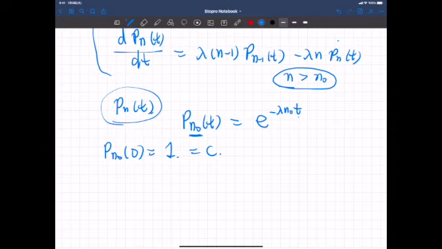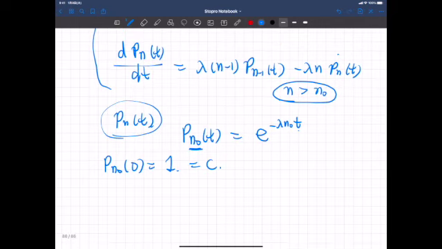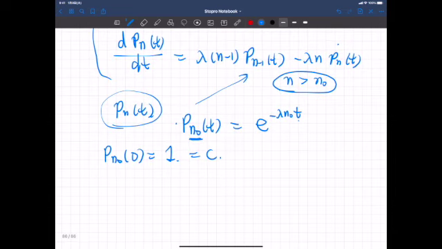Okay, then what? We substitute this function into this. Next we consider the case when n is equal to n0 plus 1. So we can use the second equation.